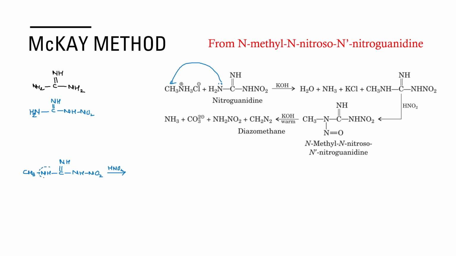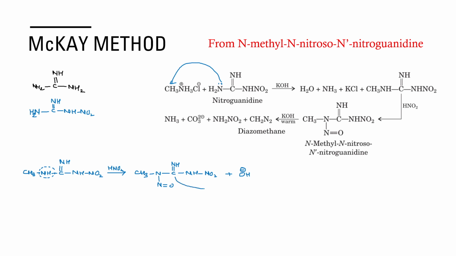This part looks like a secondary amine part, and this is where the reaction takes place. It turns into a nitroso unit. So CH3 N double bond O C double bond NH NH NO2. Now we react this with OH minus.